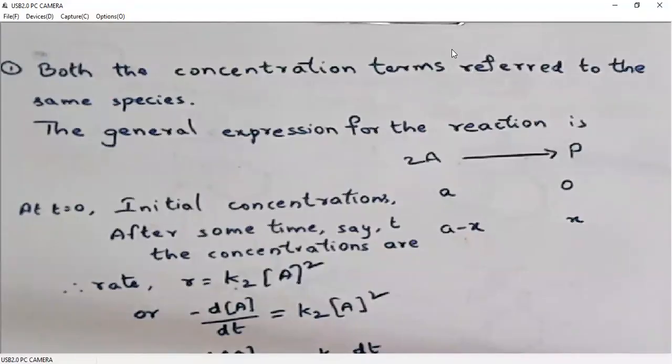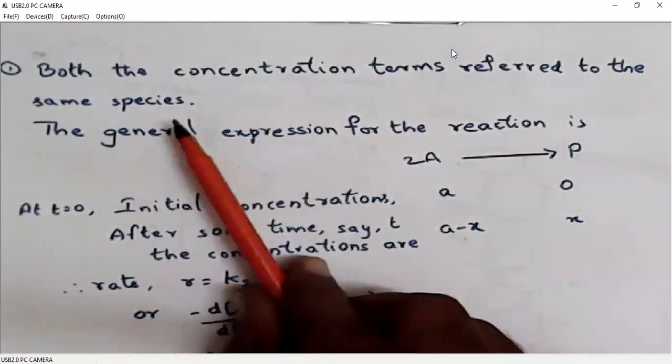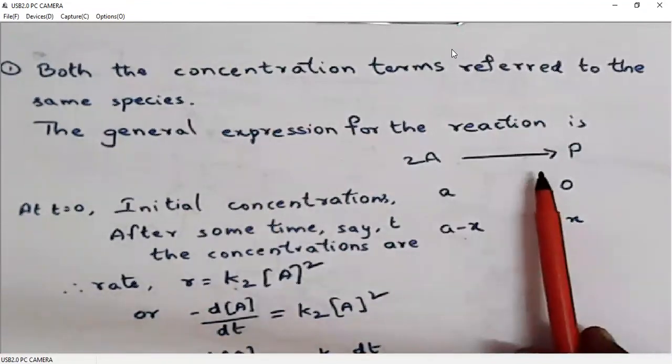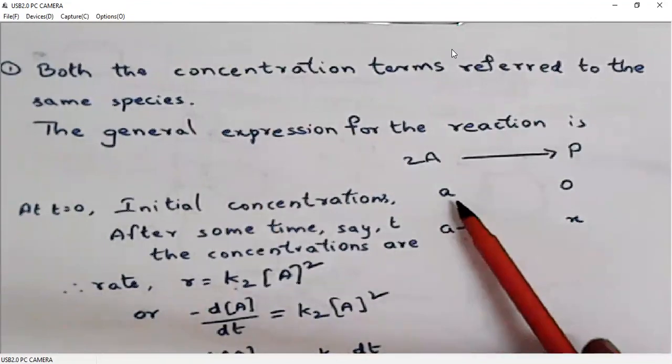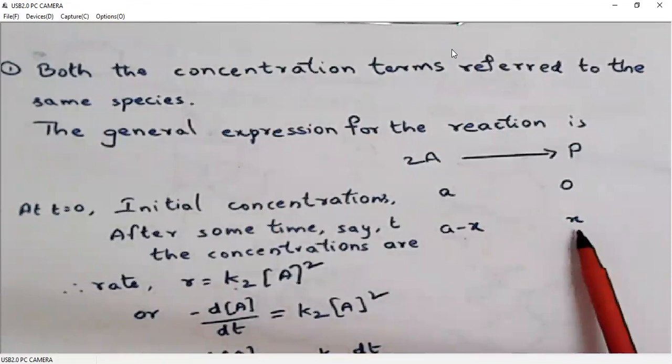I'll repeat this. We are deriving the rate expression for a second order reaction. There are two cases. First case, when both the concentration terms refer to the same species. Now we will take a general expression for a second order reaction, and we will start the reaction with A, and after some time say X amount of product is formed.